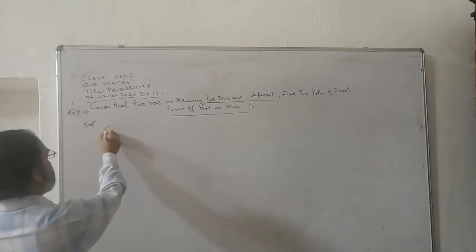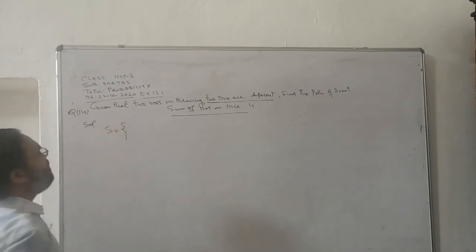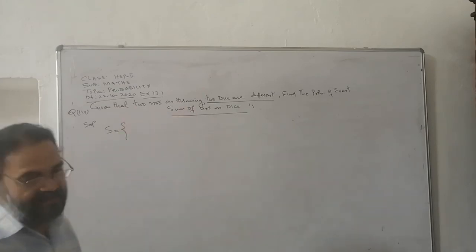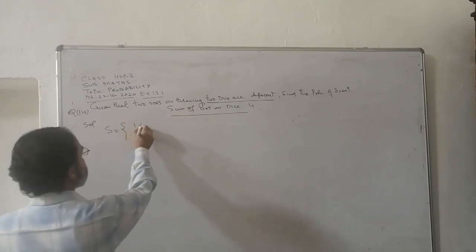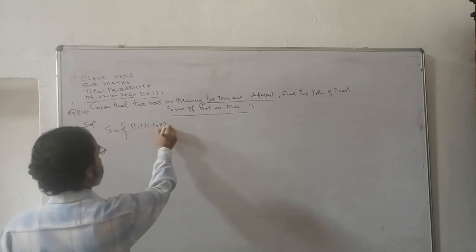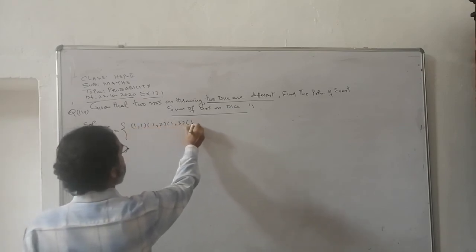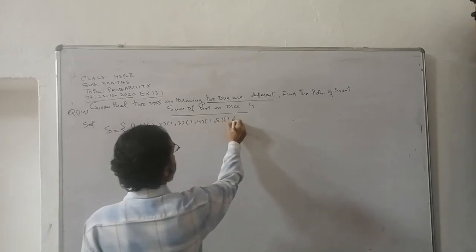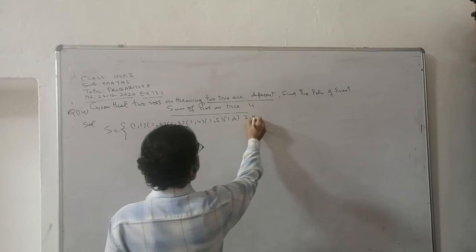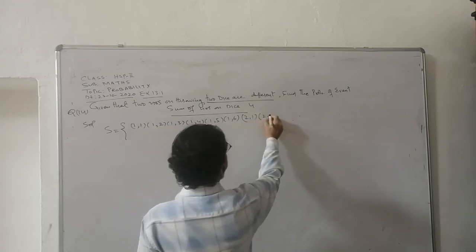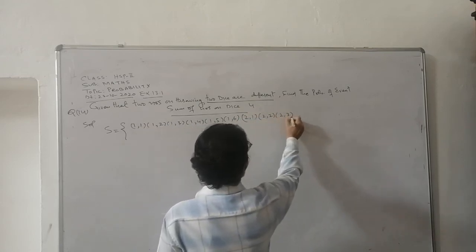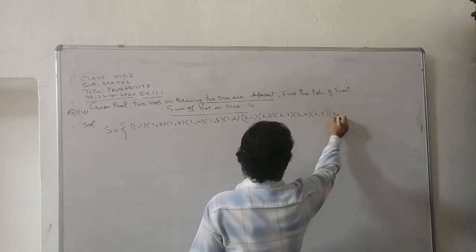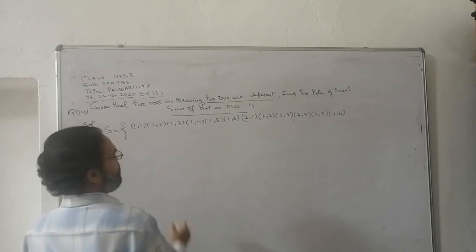So first, again, when a pair of dice is rolled, we need the sample space. So 36 points will be there.